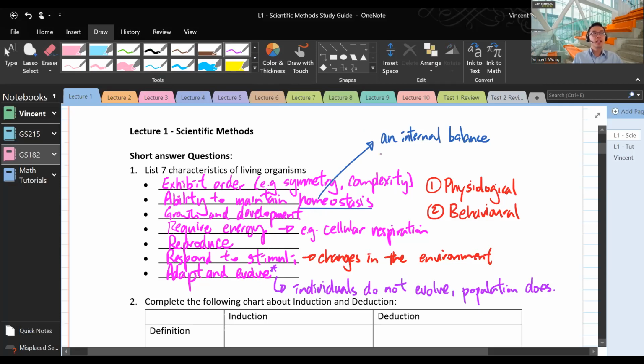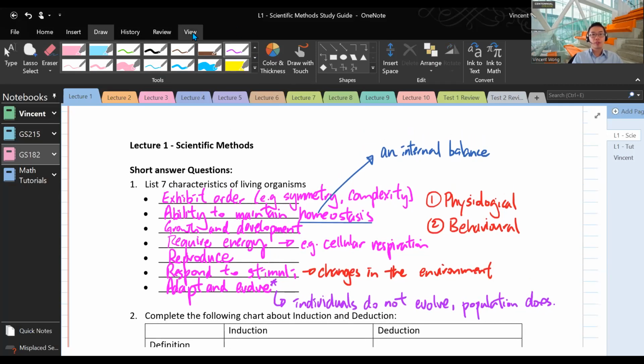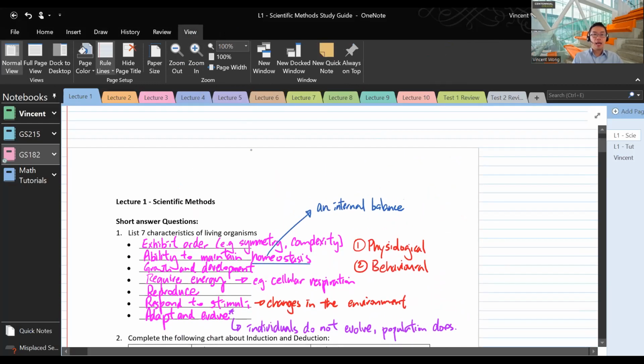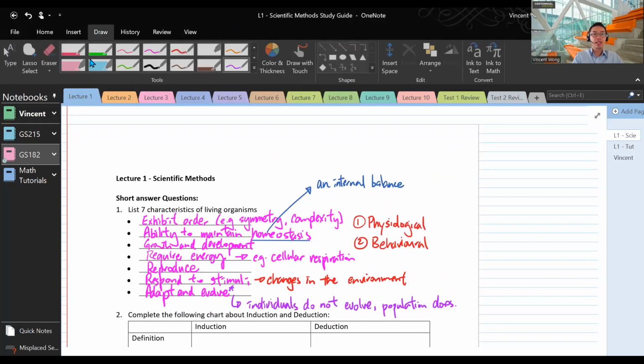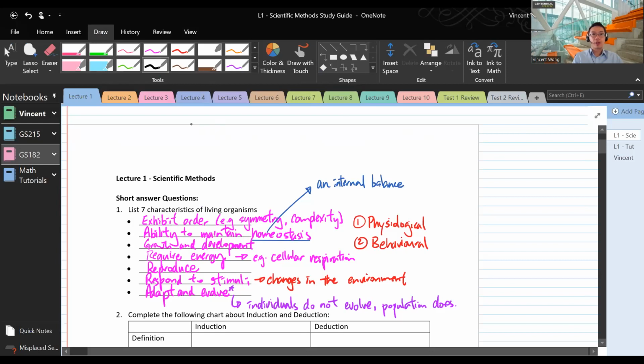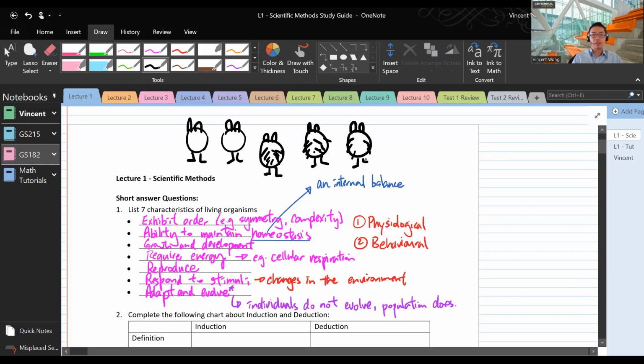Just to briefly give you an illustration to help you remember this. Let's say there is an island, and on this island there are these little organisms, and they come in two forms. There are the ones that are naked, they don't have fur on them, and then there are ones that are furry. So there are two groups in the population here on the island, the furry guys and the naked ones.